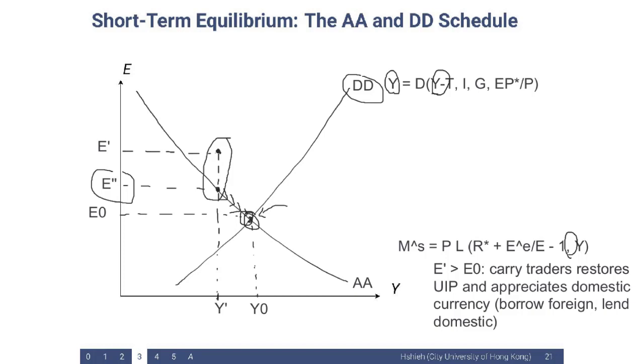If there is something that doesn't make any sense, the financial markets are the first to fix it. If we're ever outside of either curve, the first to meet its market clearing condition is the asset market, the financial markets. And so this point should very quickly drop onto the AA schedule.